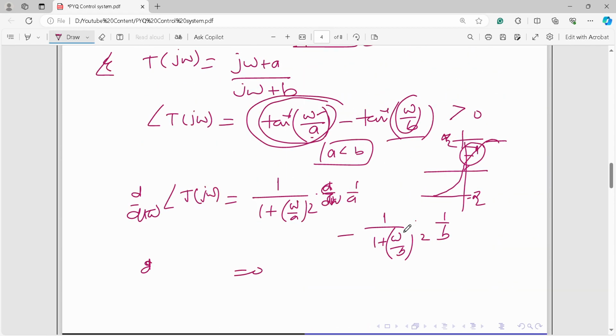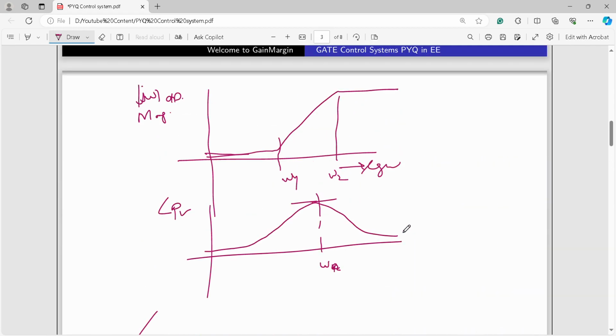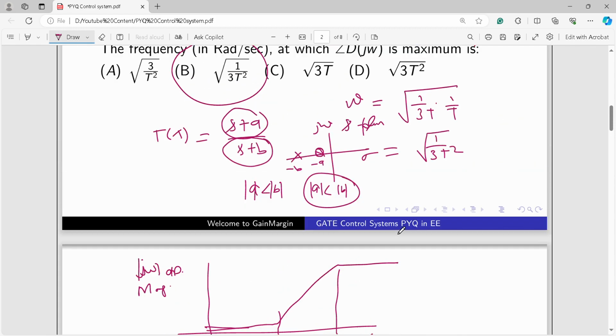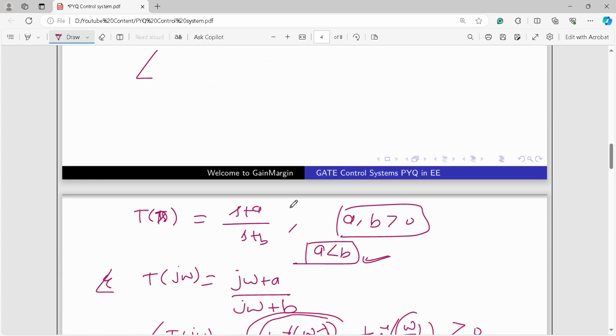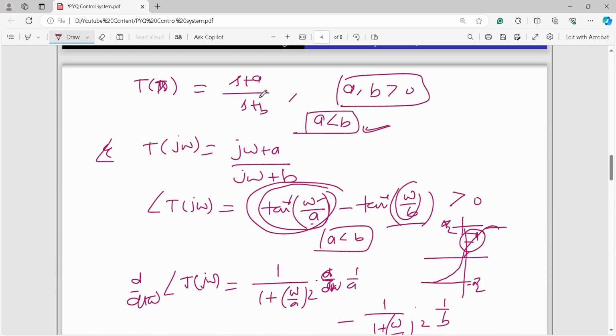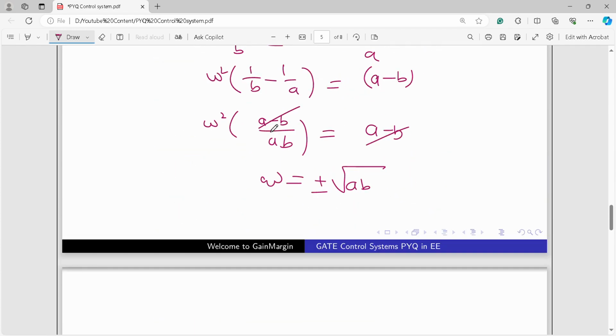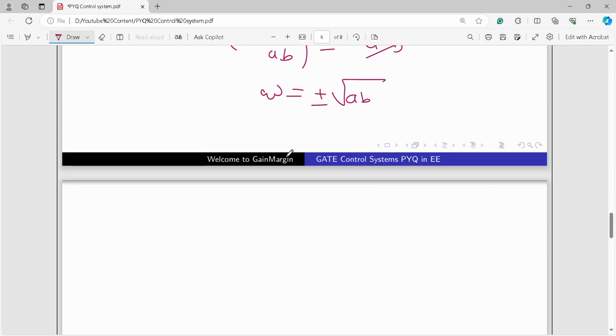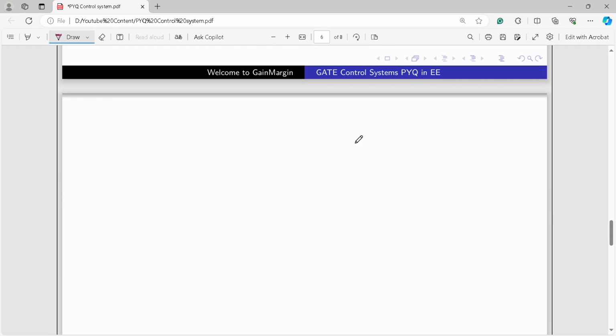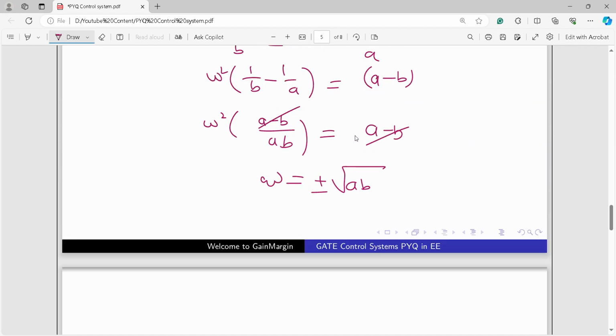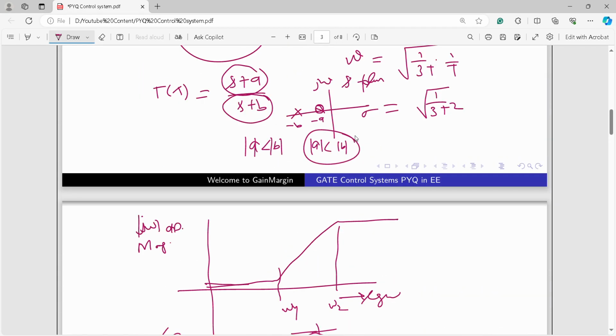Because we are saying that the function should lie in the positive region, because we are conditioning that s plus a by s plus b should be on the left hand side, so it should be a positive value. So in our case we get under root 1 by 3t square.